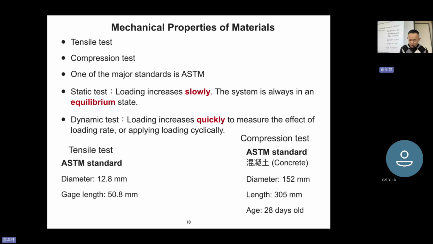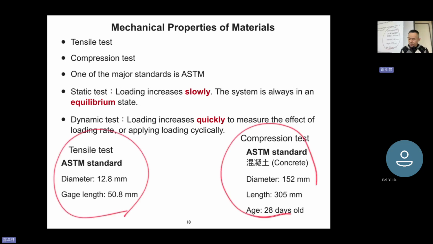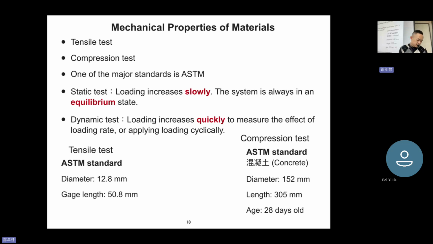Should be okay. Anyway, for the tensile test, we have some rules, and this is not really important in this course.